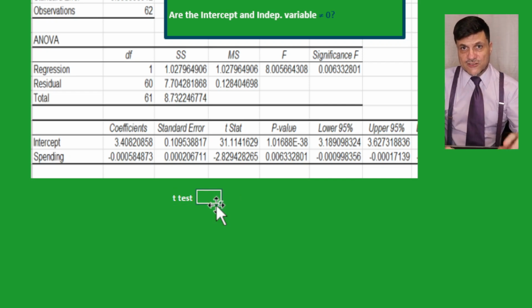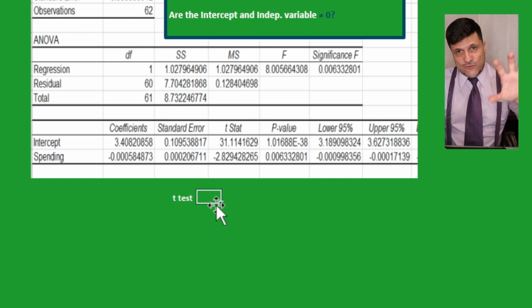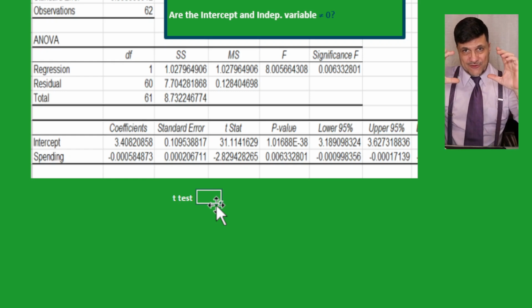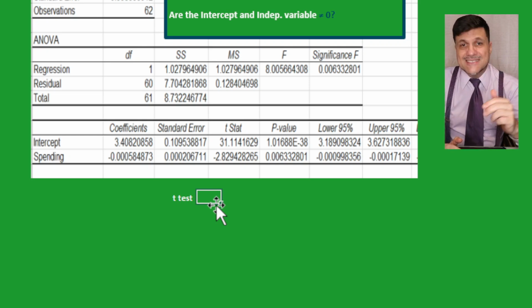One is the test of correlation, right? r times the square root of n minus 2 divided by the square root of 1 minus r squared. That's the test for correlation. We're not doing correlation. We're doing expectation. So we're going to do the other one, the difference of the mean: the expected value minus my hypothesis divided by the standard error. That's exactly what I'm going to do here.